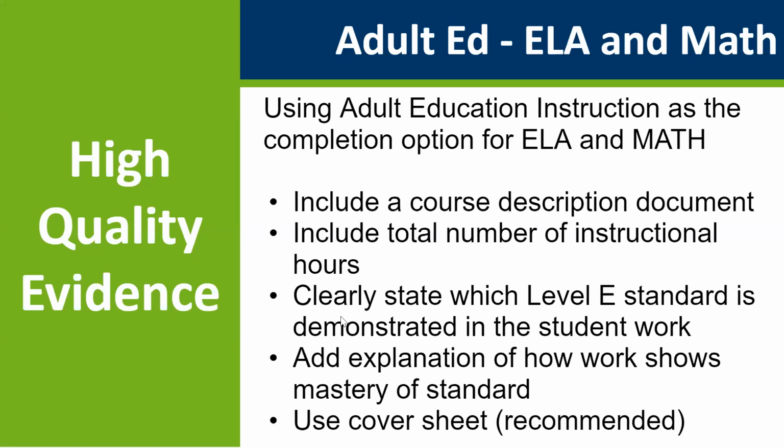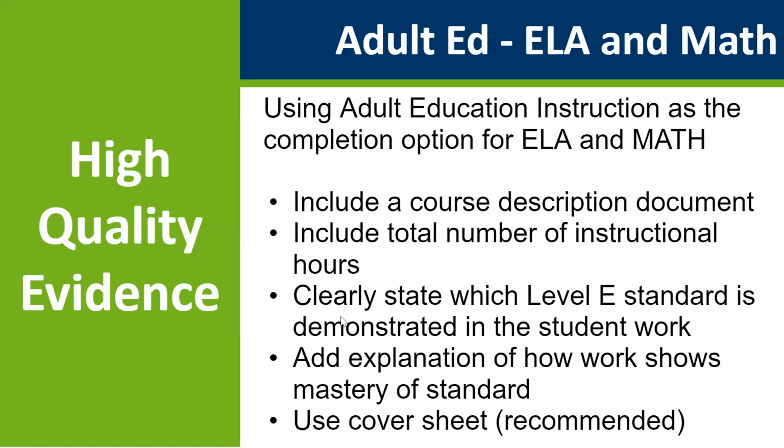So if you're using adult ed instruction for ELA and math, you need to include a course description document, which essentially verifies to us as reviewers that your student has received all of the instruction in all of the competencies. You want to include the total number of instructional hours that they completed in the domain or in the area, whichever way makes the most sense to break it out.